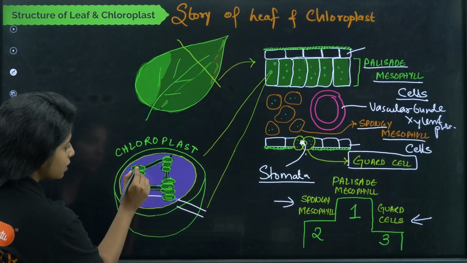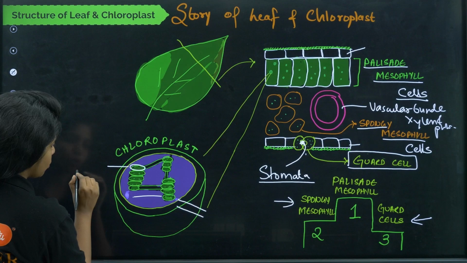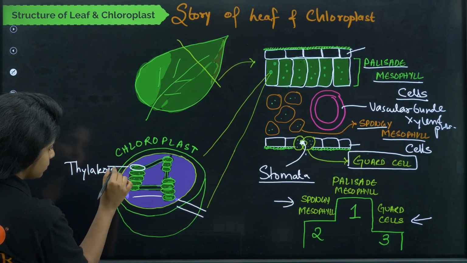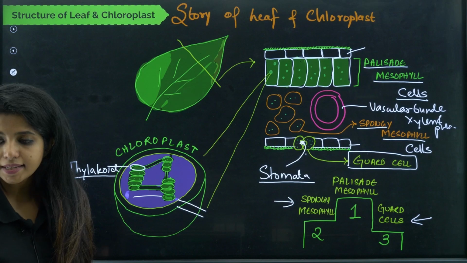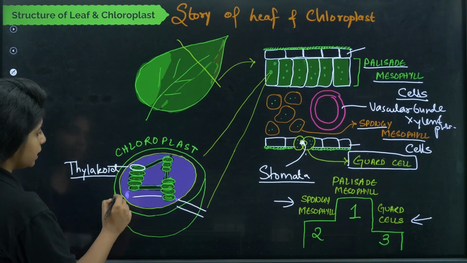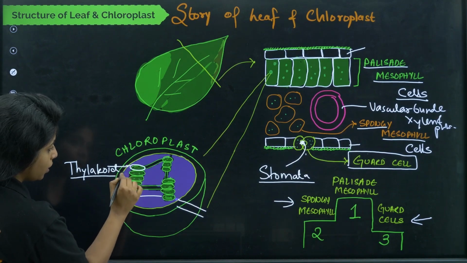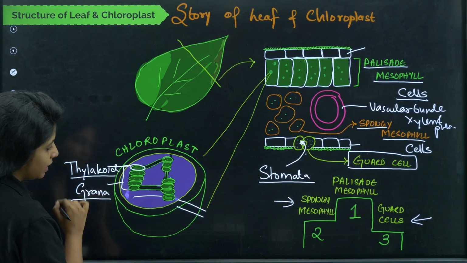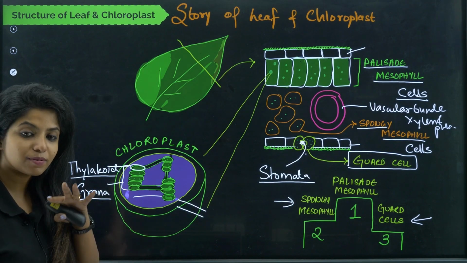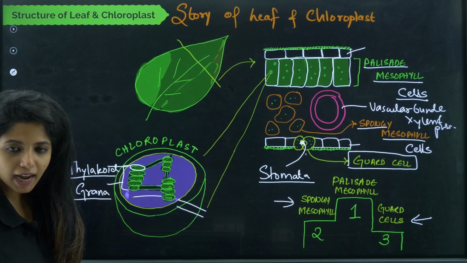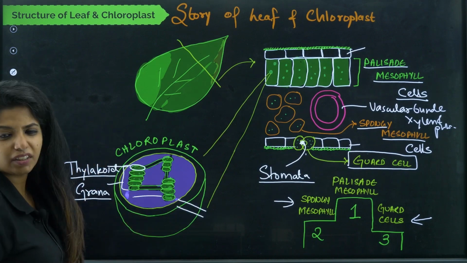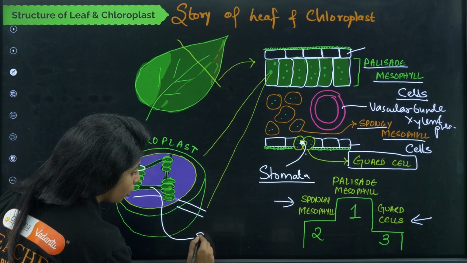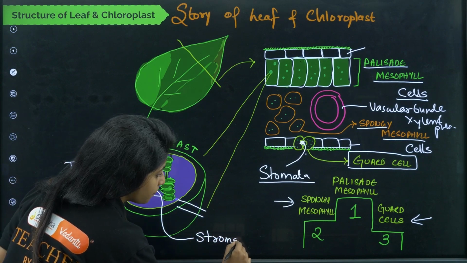This coin-like structure you call thylakoid. When thylakoids are stacked together, you call it grana. One grana and another grana cannot stay apart from each other, so they are held together with the help of stroma lamellae.